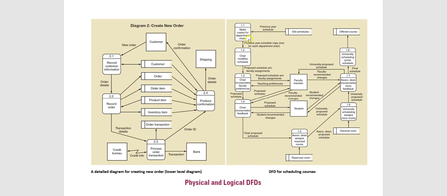Make copies for department chair is obviously a human process. It is inherently a manual task, right? So whatever information comes from here looks like paper-based information, right?